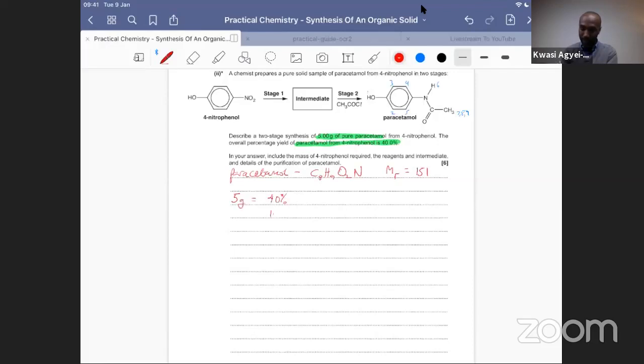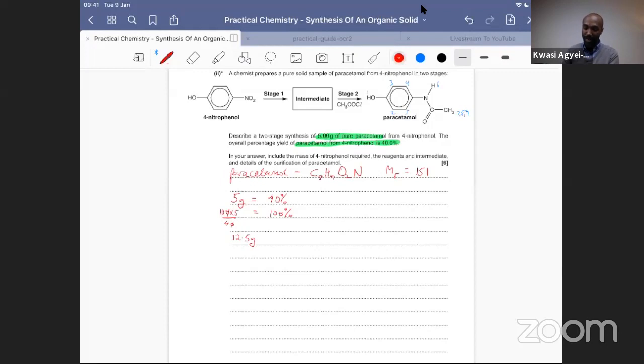100% yield would therefore be 100 times 5 over 40. So we've got 50 over 4, which is 12.5 grams. So 100% yield would be 12.5 grams.